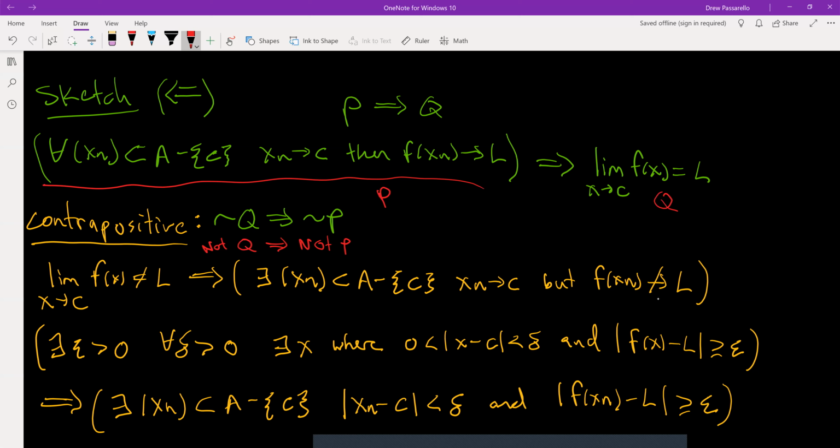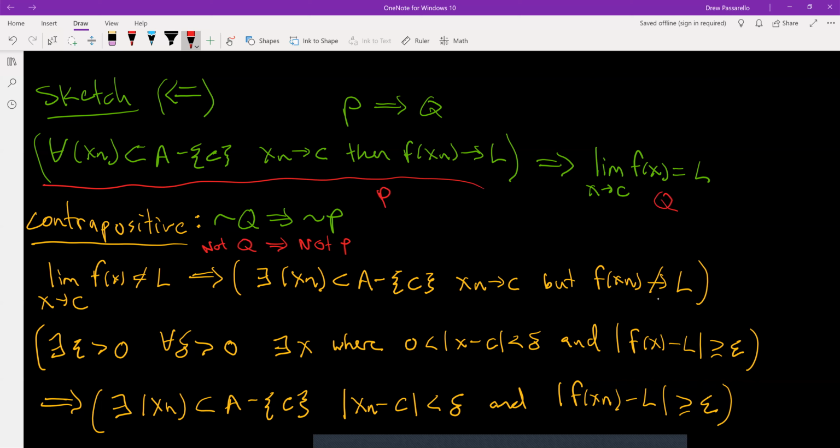So the negation of that would be there exists a sequence x_n in A minus the value c, where x_n converges to c, but f(x_n) does not converge to L. All right, so that's our not Q implies not P.